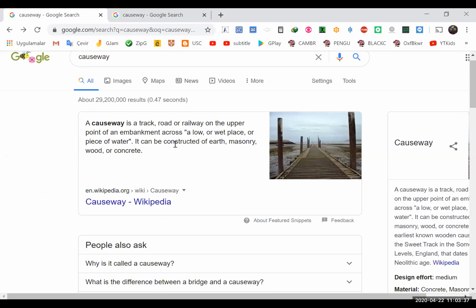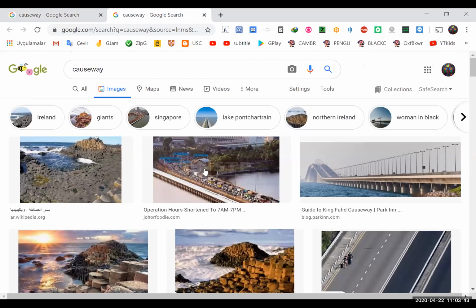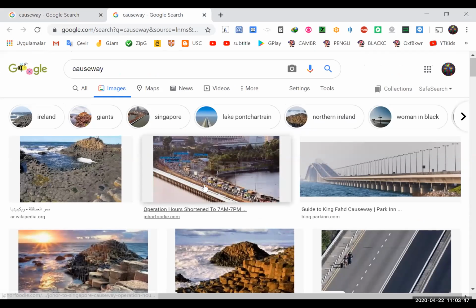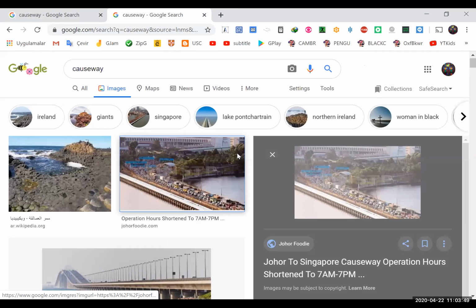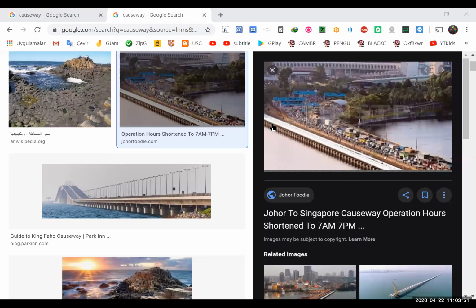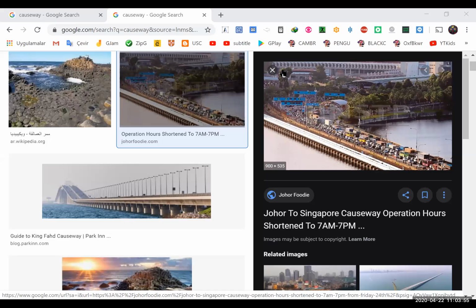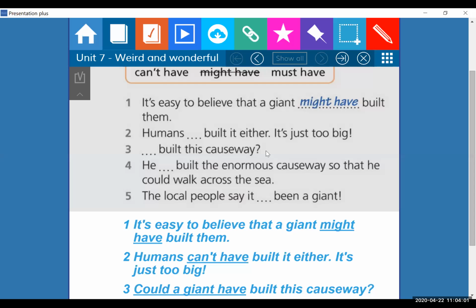It can be constructed of earth, masonry, wood, or concrete. So in short, we can say it's like a bridge. It lets you get into the road easily and you can pass over it. This is a causeway. And next one, a place you walk on, great.